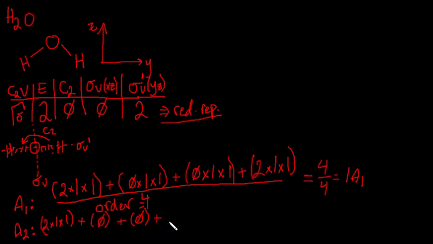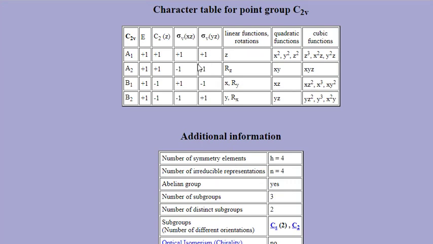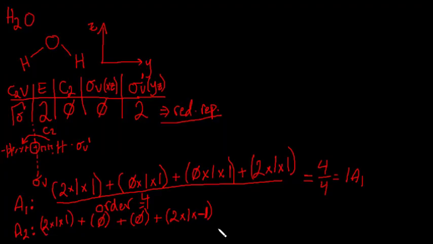And the last one, in the case of sigma v prime, we have 2 for the representation times 1 for the coefficient times negative 1, right? And that's coming from here. And divide all of that by 4. So in this case here, we have 2 minus 2 over 4, so that's 0 over 4. So we do not have any representations for A2.